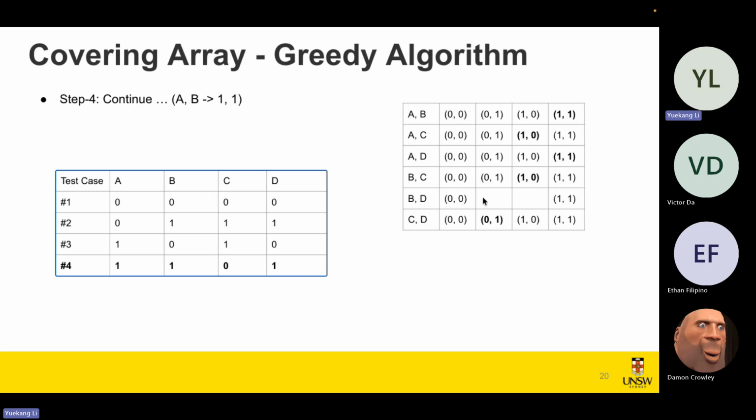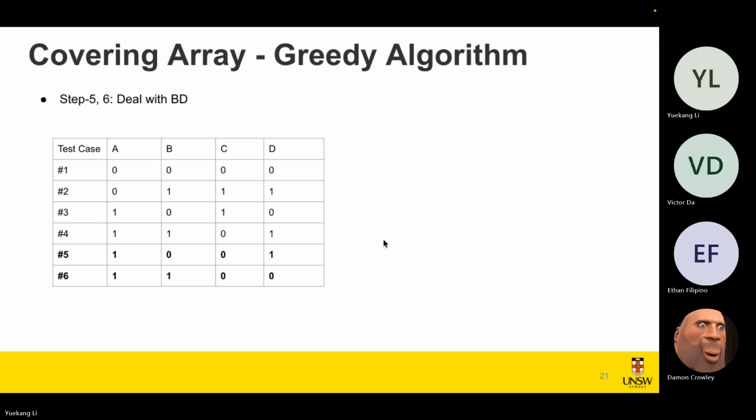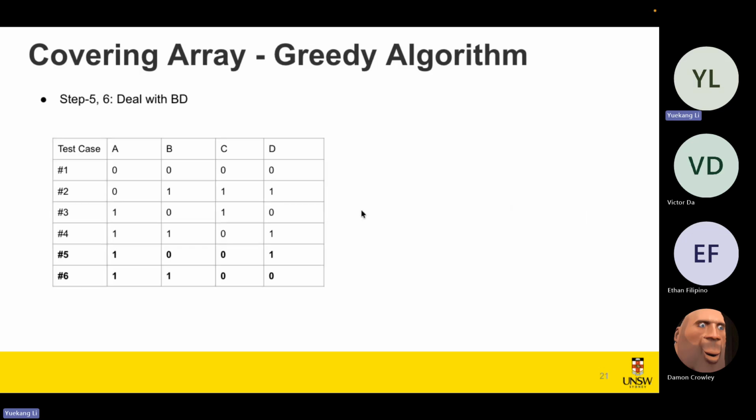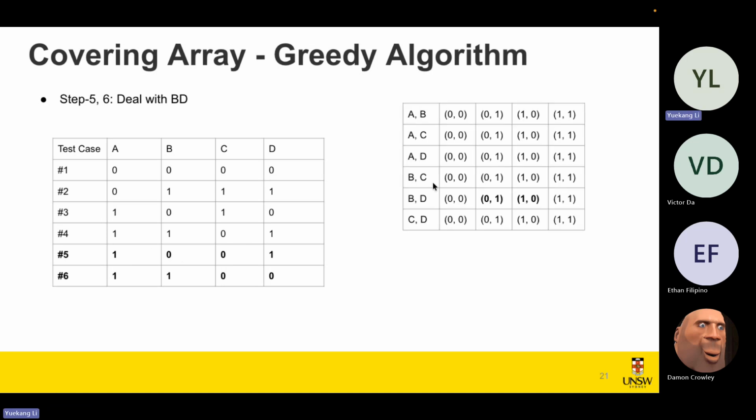So now you can see that we have 2 more cases left, so we need to deal with BD. In this example, for B and D, we need to have 0, 1, and 1, 0. So we just append 2 more test cases where B and D take 0, 1, and 1, 0, and we don't need to care about the rest of the values for A and C. And then we can get this.